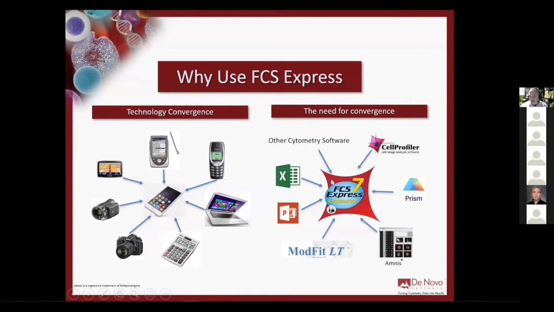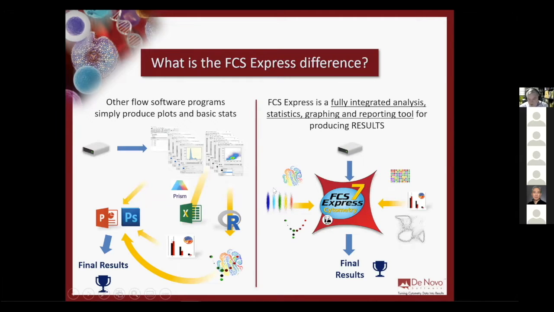And when you move a gate, everything in your bar plots and pie charts and bee swarm plots updates in FCS Express itself. What we really focus on is getting results in the software itself. When we looked at other flow cytometry software packages, you go from your data to basic plots and statistics, and you're copying and pasting out to Prism and Excel before you even get to that result.